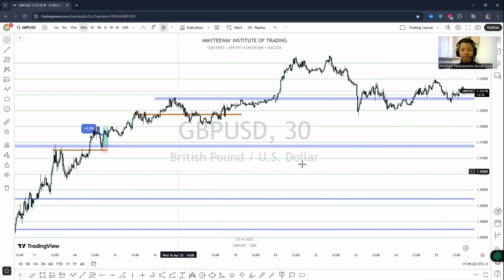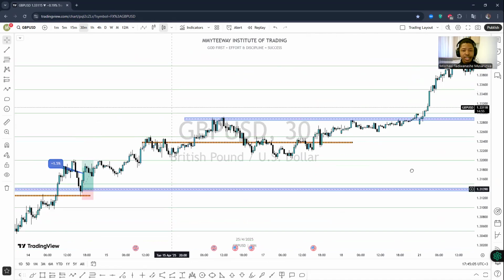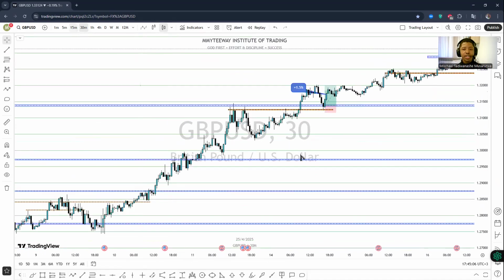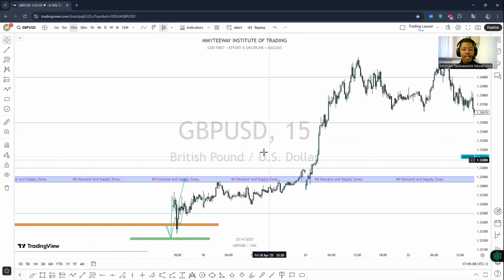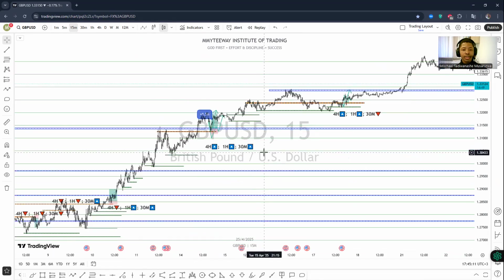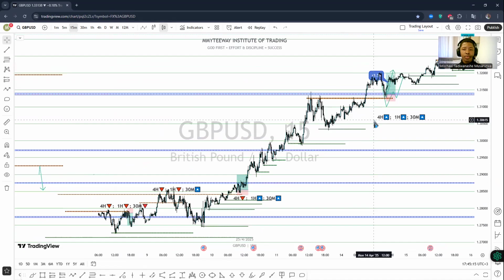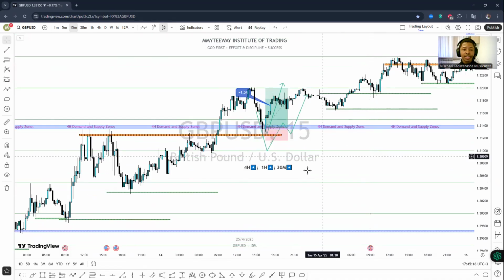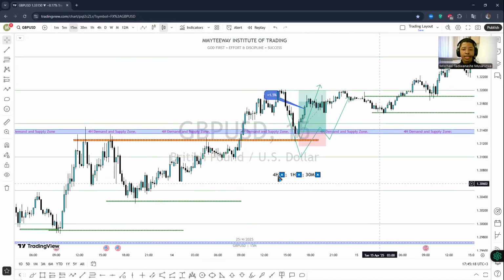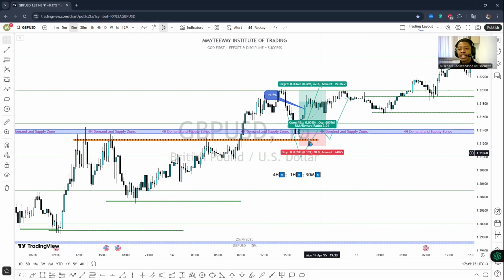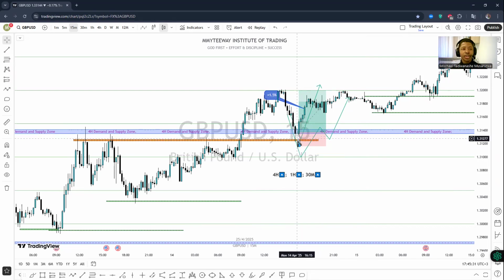So for example, when I got profit on this trade, let me put it in the 15 minutes so that I can see where the entry signal was. When I caught my TP on this trade, it was this demand and supply zone that was being retested, and we entered right on this trade after this doji candle.